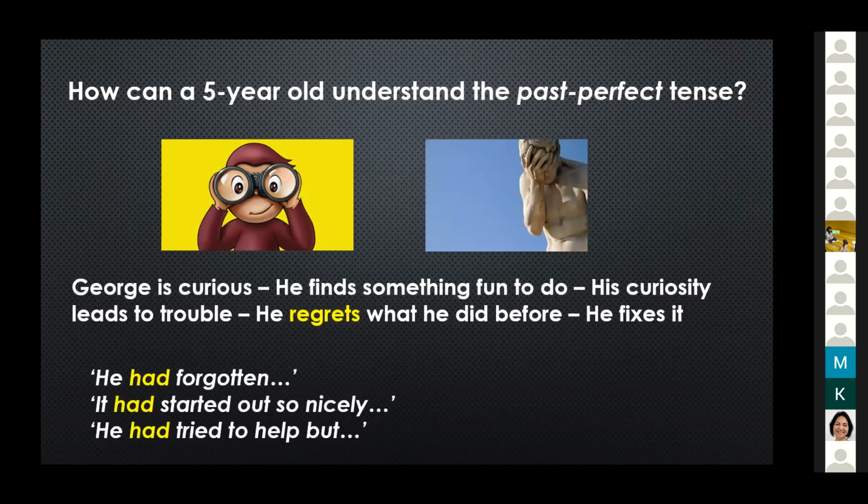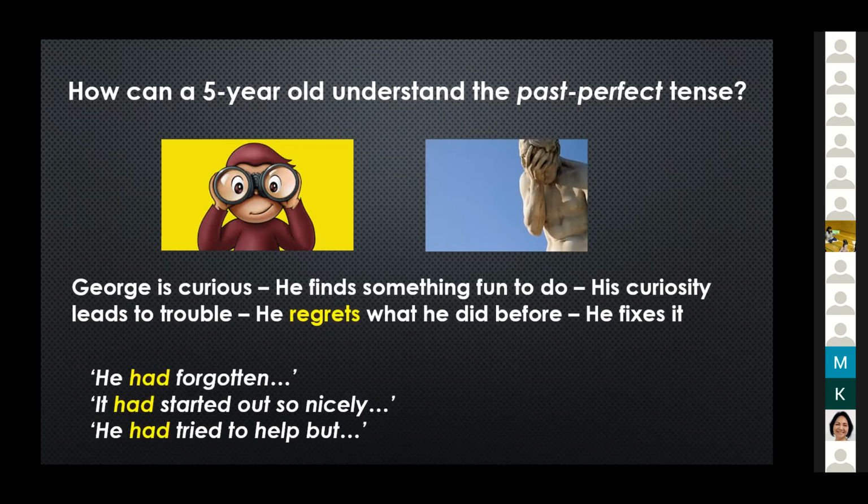And the young child starts to associate the words, for example, he had forgotten, it had started out so nicely, he tried to help, with some kind of regret or some kind of trouble based on what George did before.